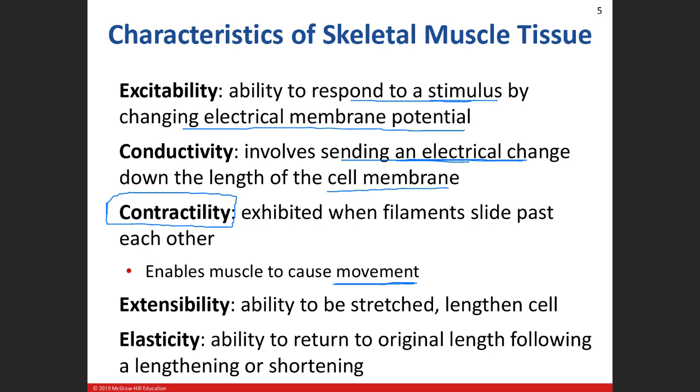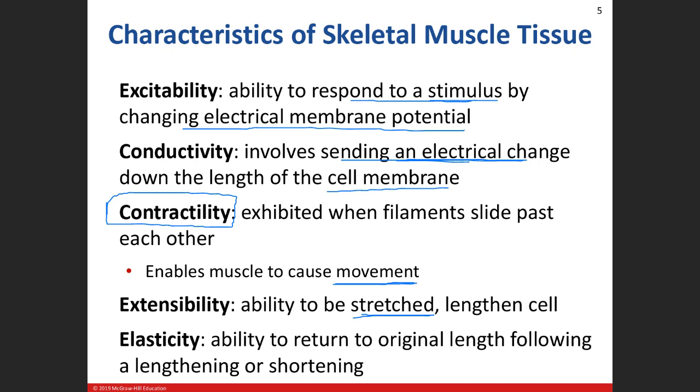Extensibility is the opposite. Now we're going to stretch the muscle cell. So we're going to lengthen it. What goes up must come down, but you know when you're stretching that your muscles have some sort of ability to, I won't call it so much an elastic form, but when you're stretching it, you are lengthening the muscle fibers to reduce injury. Then we have elasticity.